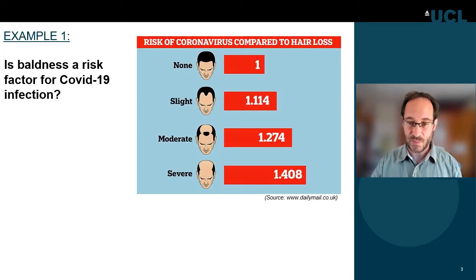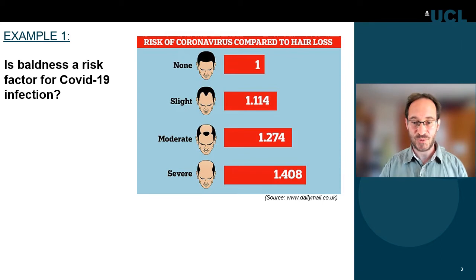This is my first example, which we asked you to take a look at before starting to watch this video. This question and image was published in a UK newspaper at the very beginning of the COVID pandemic. And they ask, is baldness a risk factor for COVID-19 infection?